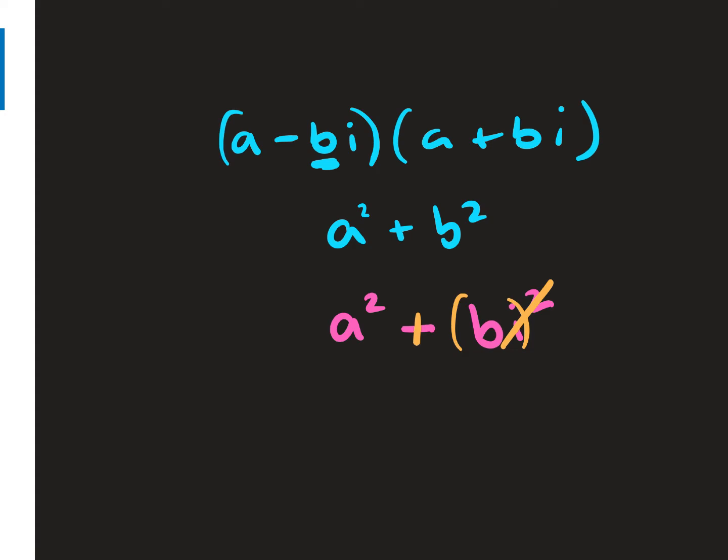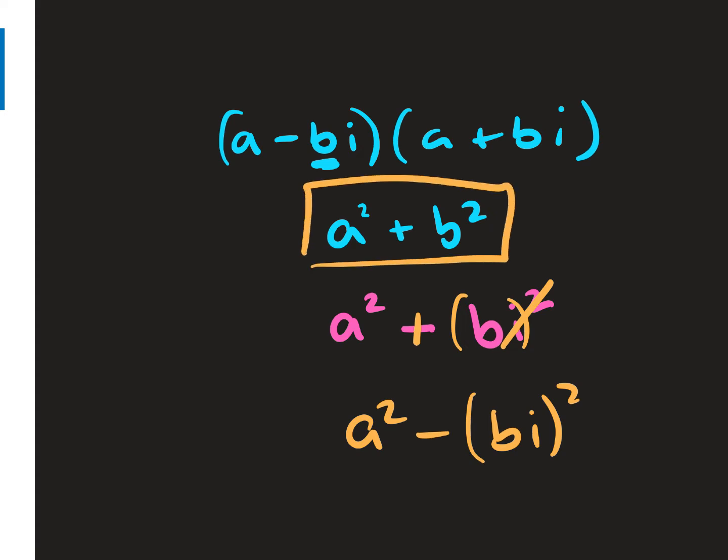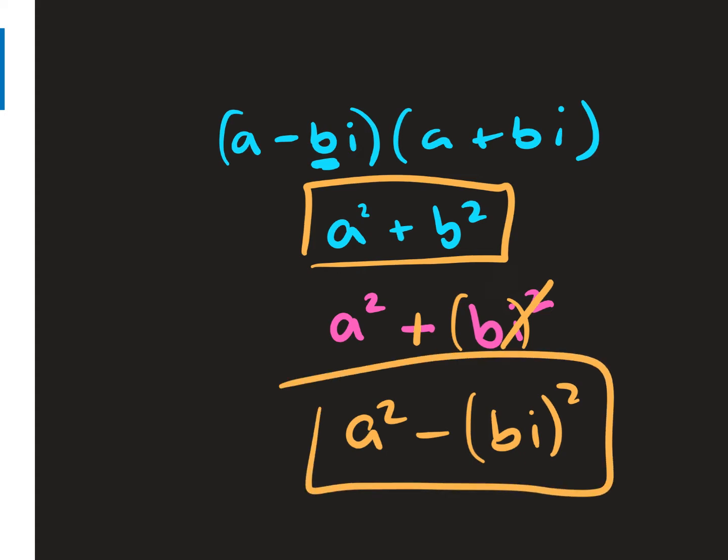When we have something other than i's, it's going to be a squared minus bi squared, like that. So it'll be the first term minus the second term. So the only reason why we did a plus before is because we already accounted for the i squared in there. But when we multiply conjugates, it should be minus in the middle.